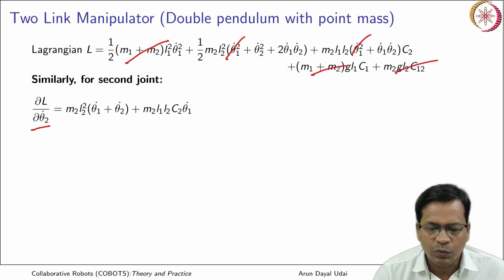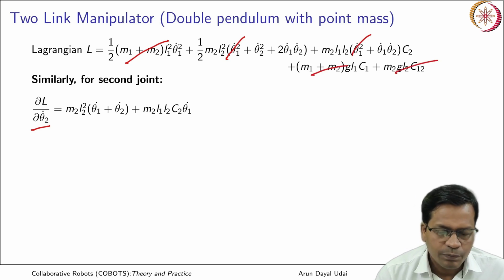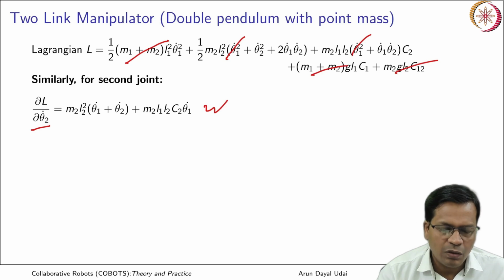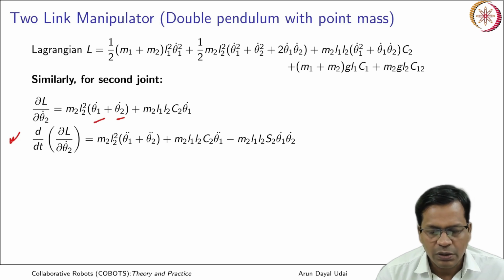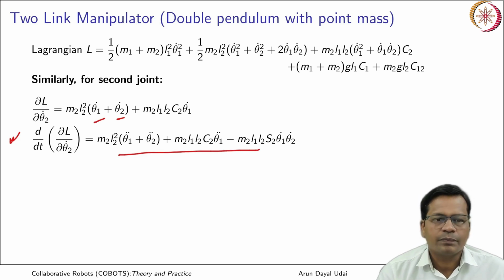So only a few terms are remaining. So it will lead to this. Now the time derivative of this would be this. So it is dou L by dou theta 2 dot, d by dt. So all the theta 2 dot terms and theta 1 dot terms would become double dots. Okay. So it leads to this.